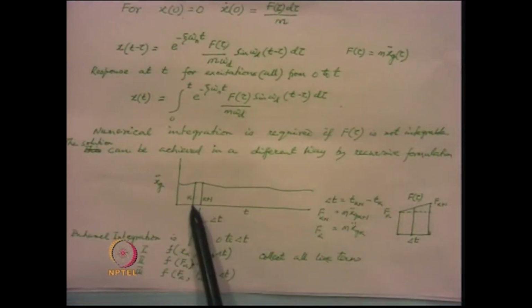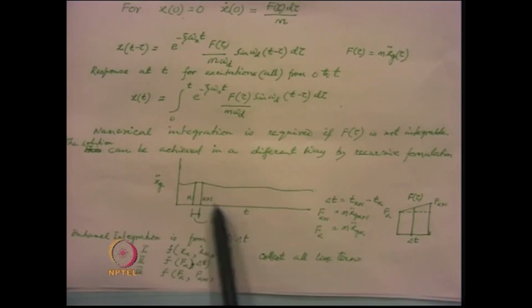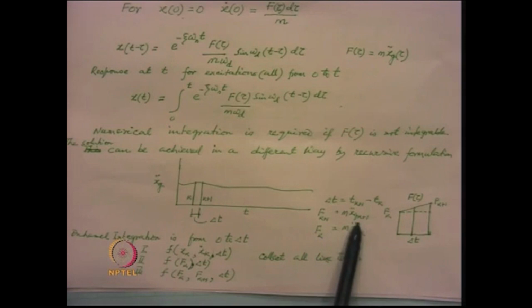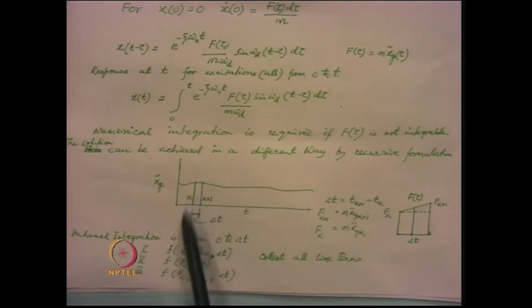At these two time steps, the values of f(k plus 1) and f(k) are known, that is, the ground accelerations at these two points are known. So, we can multiply them by m to get the forces at these two points.